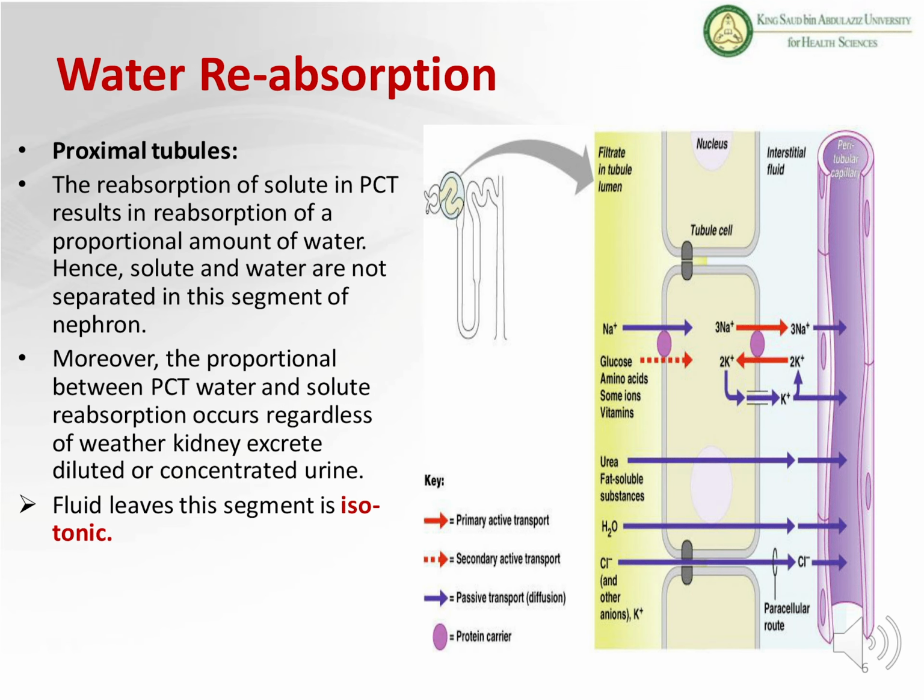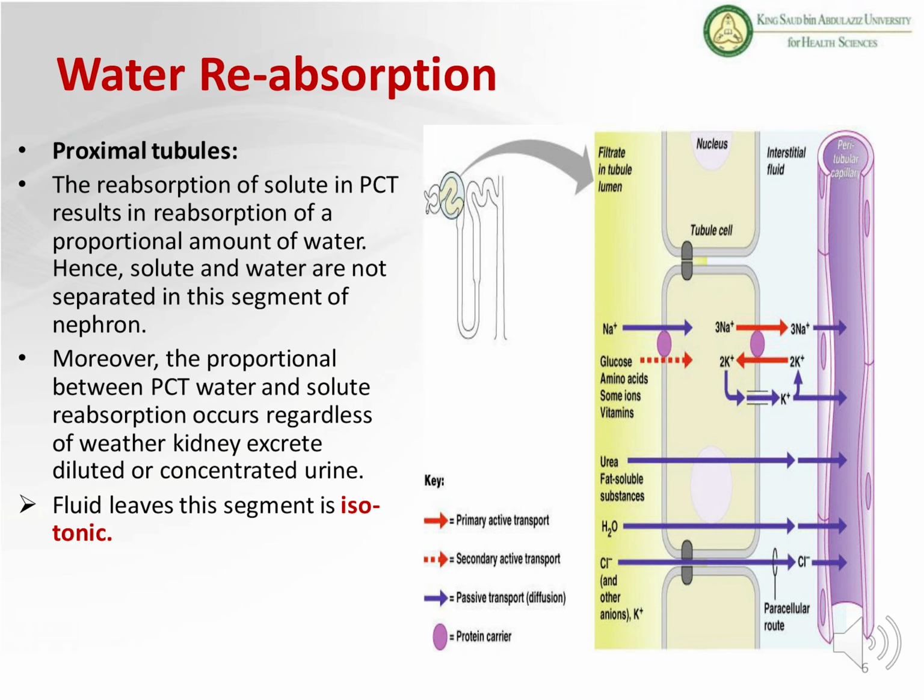We'll start talking about water reabsorption in the first segment of the nephron, which is the proximal tubule. Here, the reabsorption of solute in the proximal convoluted tubule is in proportion to the amount of water. That means solute and water are not separated in this part of the nephron.